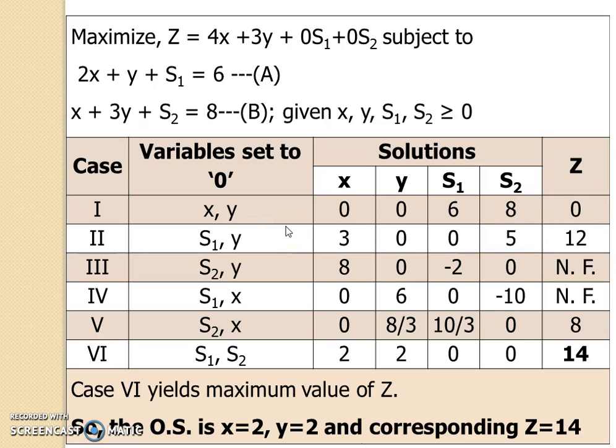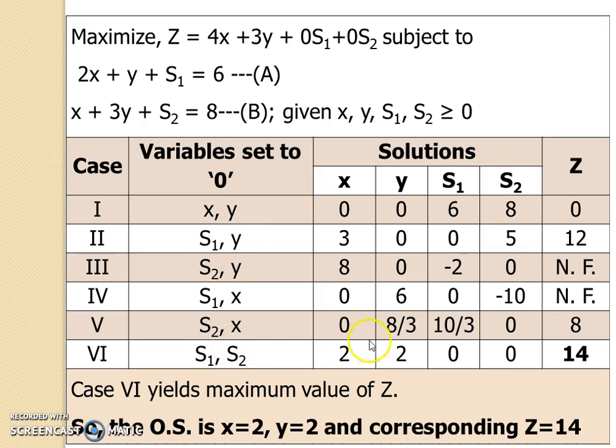Similarly, for the second case, if we set s1 and y to 0, we get the value of x as 3 from this particular equation, and we will get the value of s2 equal to 5 from the second equation, so that the value of z will be 12. Like that, we can get the solutions for all these 6 cases.